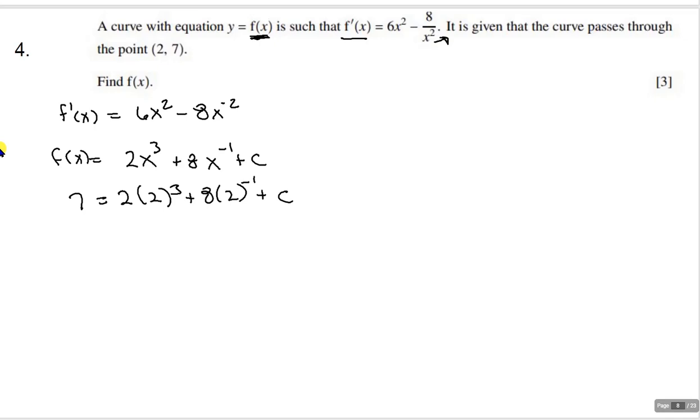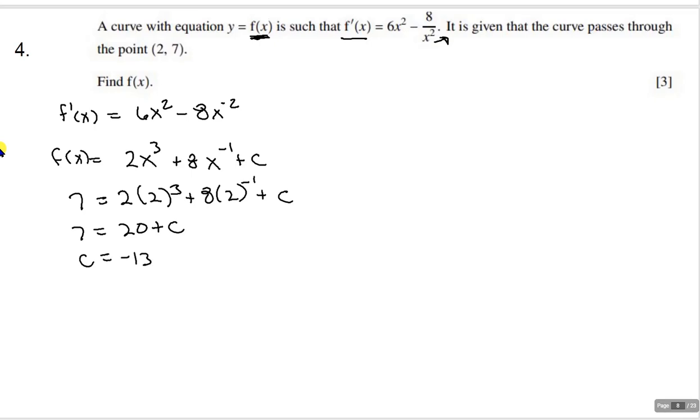At the very least, you could use the stow function and stow the value of 2 into x, and then write 2x to the third plus 8x to the negative 1, and get this number here. But what I'm going to say is I'm going to find out that all this is going to equal 20. And when I subtract the 20 on both sides, c is going to equal negative 13.